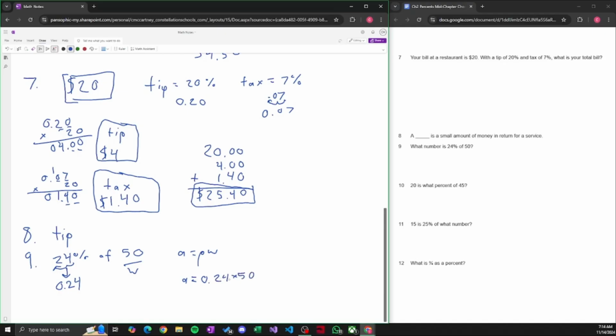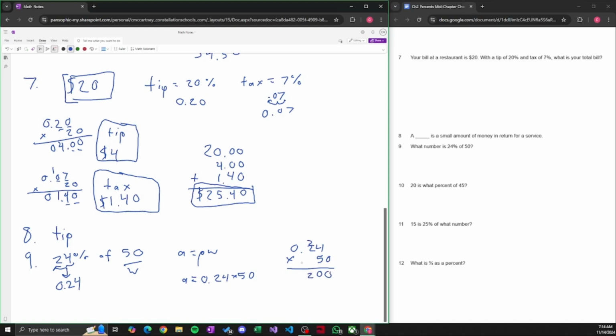So we need to multiply 0.24 times 50. We can do that, 0.24 times, we're going to use the same trick we did before. I'm going to leave that whole number 0 out to the side, just bring it down. 5 times 4 is 20, write the 0, carry the 2. 5 times 2 is 10, add the 2.